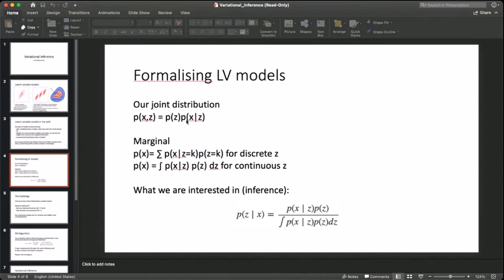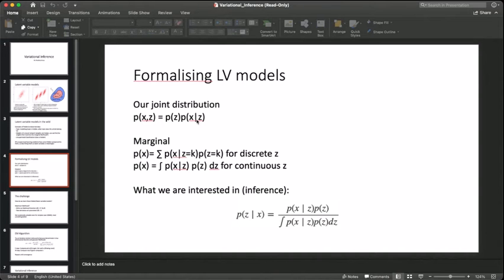We could design a seriously complex model of this. p of x given z can be arbitrarily complex, because the real world is complex, so this distribution might be complex.